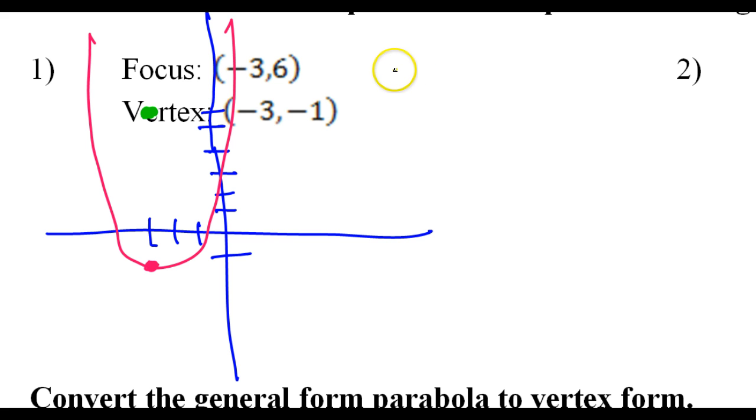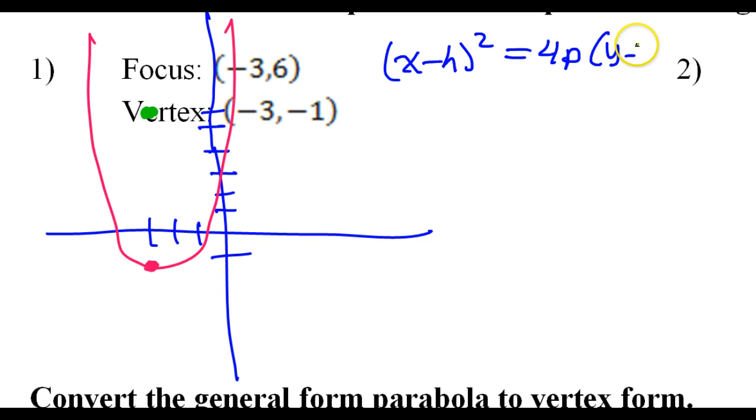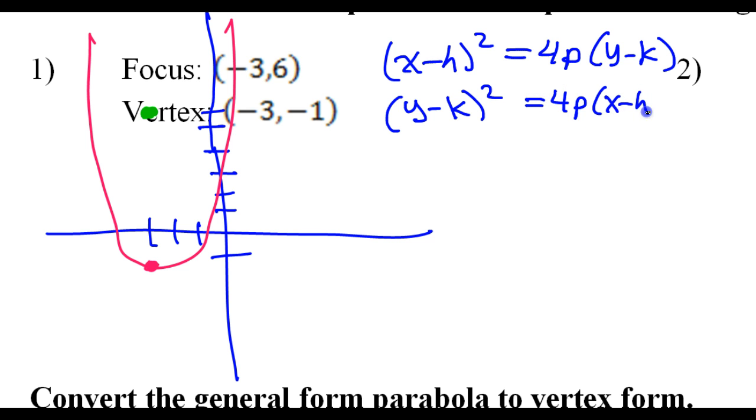As soon as I see that it's upward facing, I'm choosing between which model of a parabola we're using. Sometimes we do x minus h squared is equal to 4p times y minus k. But other times we do y minus k squared is equal to 4p times x minus h.